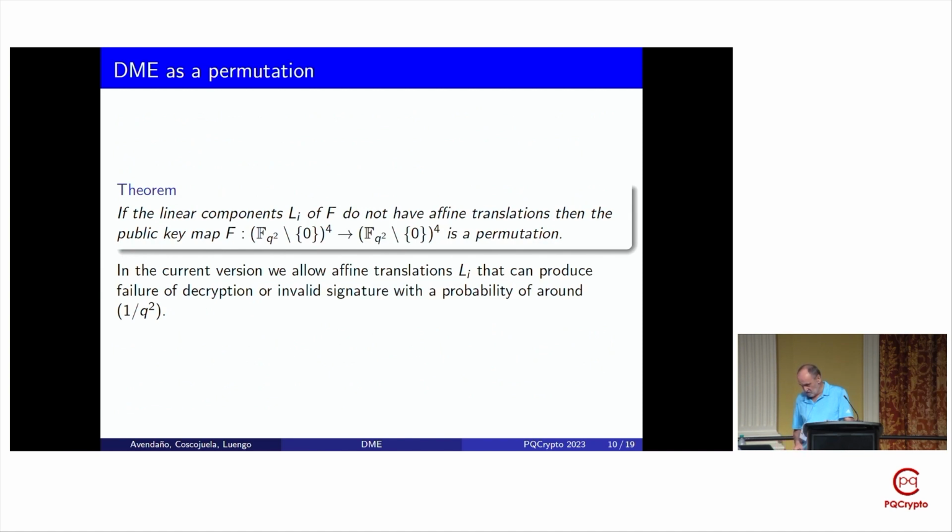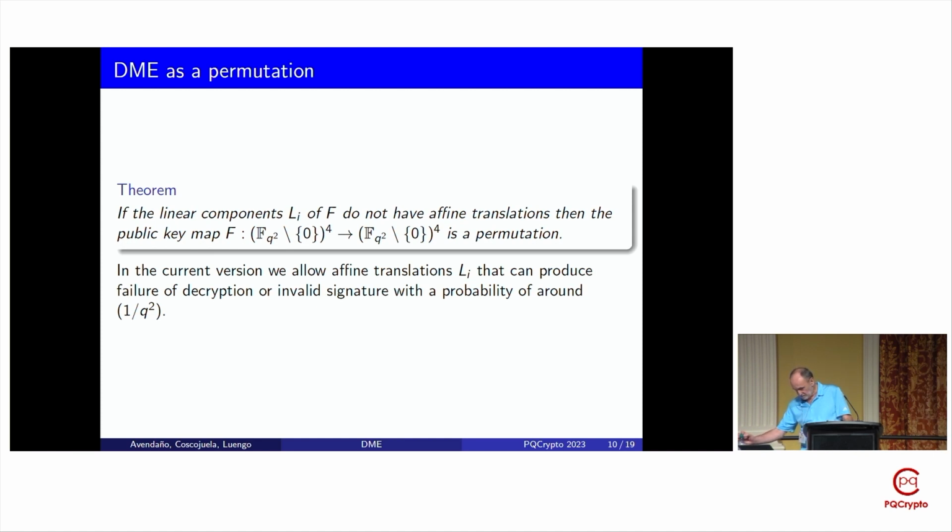All right. With this setting, the core map is a permutation, so it's a one-way permutation, if we don't use translation.